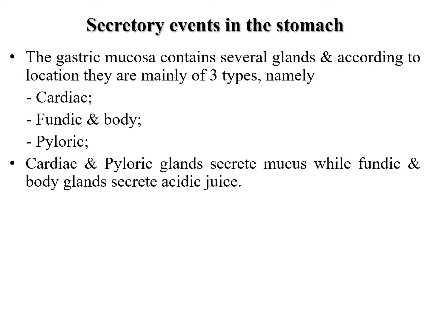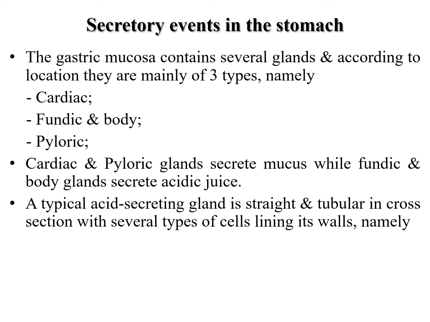Often there are only goblet cells, no glands per se, and in those regions the gastric secretion is mainly of mucus, water and bicarbonate, while in the fundic and the body regions the glands are much more well developed, deep seated, and have a variety of cells, each variety of cell secreting a different type of compound, some secreting the acid and the Castle's intrinsic factor, some secreting pepsinogen, and so on and so forth.